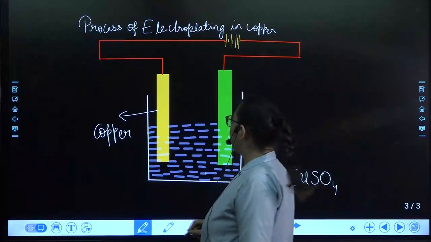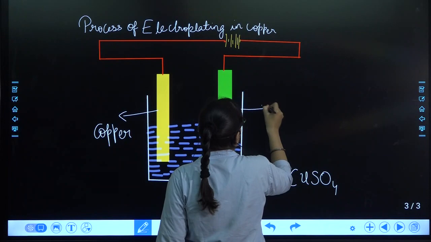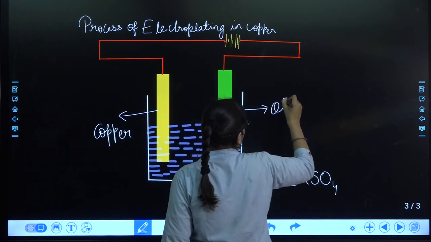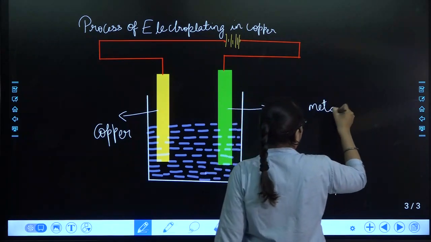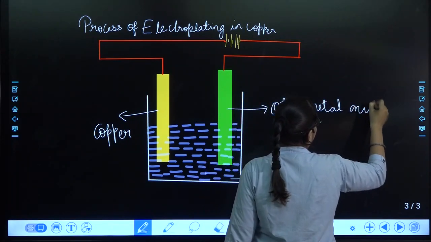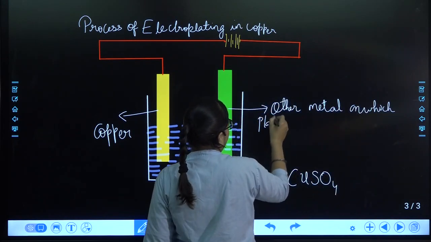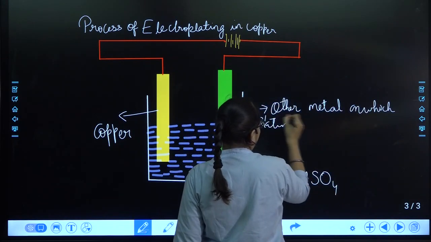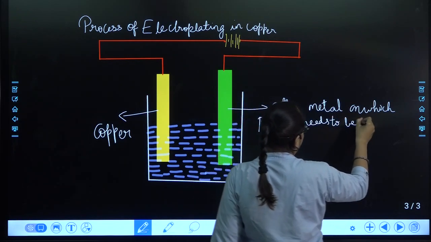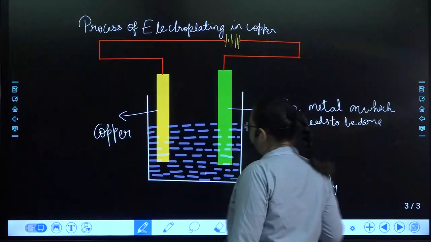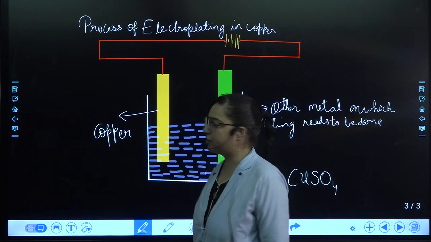This is, suppose, any other metal on which plating needs to be done. If we add acid to this, then the process will become a little bit faster.